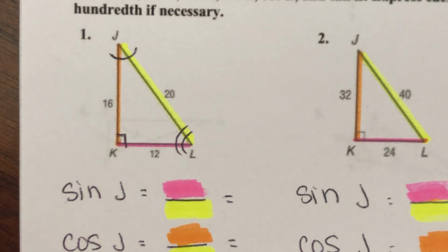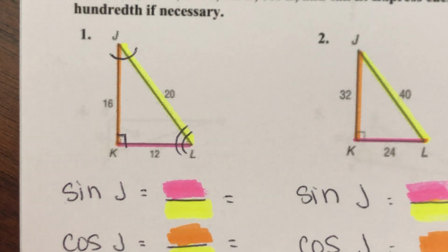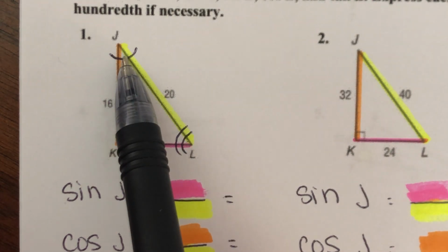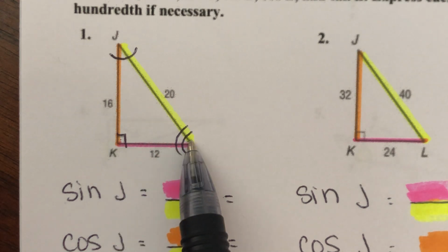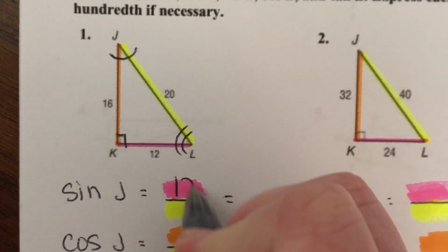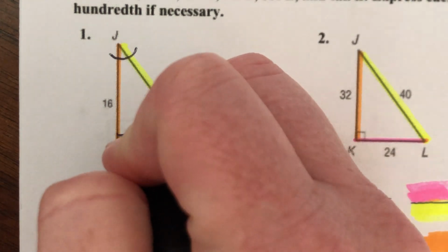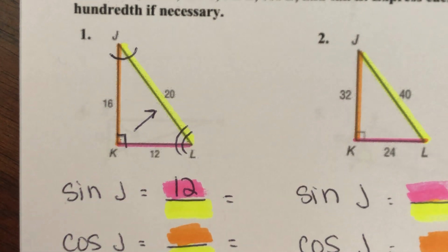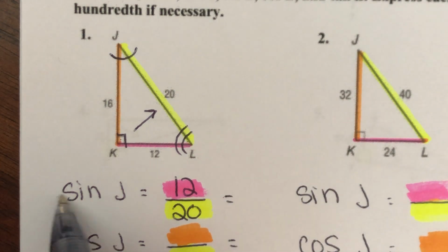Go back to your little reference sheet that I gave you. Sine, opposite over hypotenuse. So for J, what's the opposite side of J? Here's J. So the side opposite of that is this guy. So that's 12 over the hypotenuse. And for any right triangle, there's only one hypotenuse. That doesn't change. 20. Okay, so the sine of J is equal to 12 over 20.